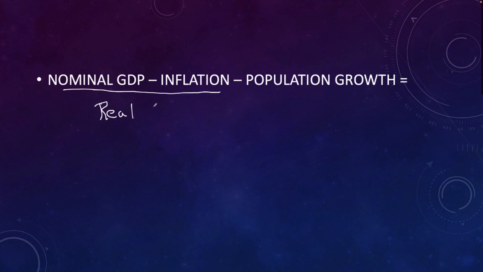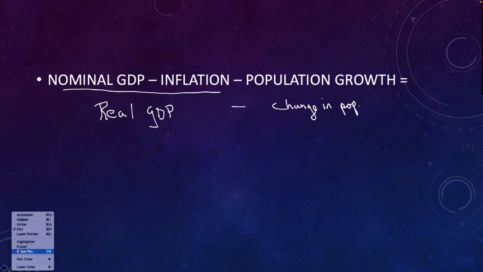But now we want to add that component of per person, the component of GDP that takes into account what's going on with your population. So we're going to take that real GDP and subtract the population growth, the change in your population over time. So we'll take nominal GDP minus inflation minus the population growth.